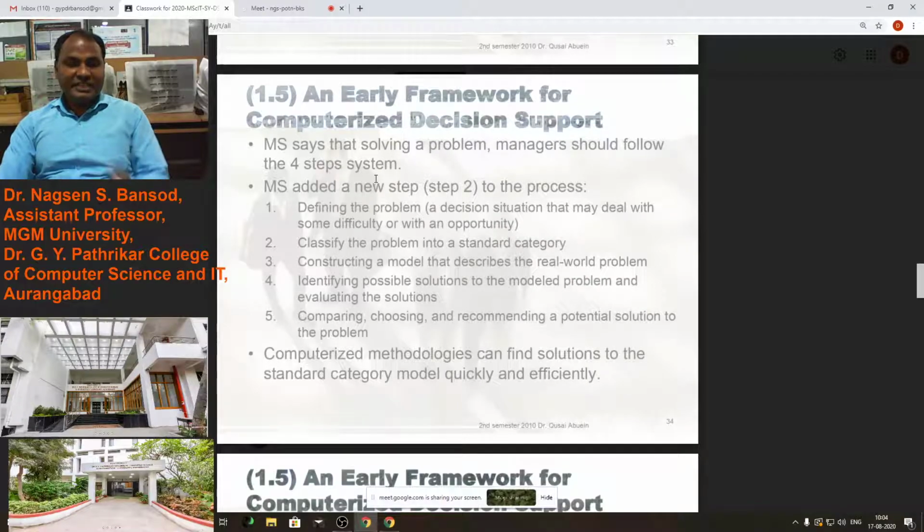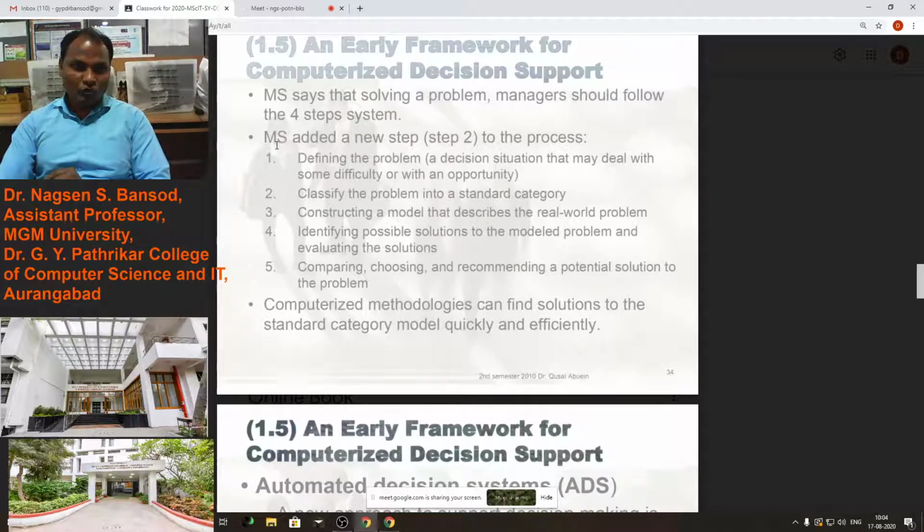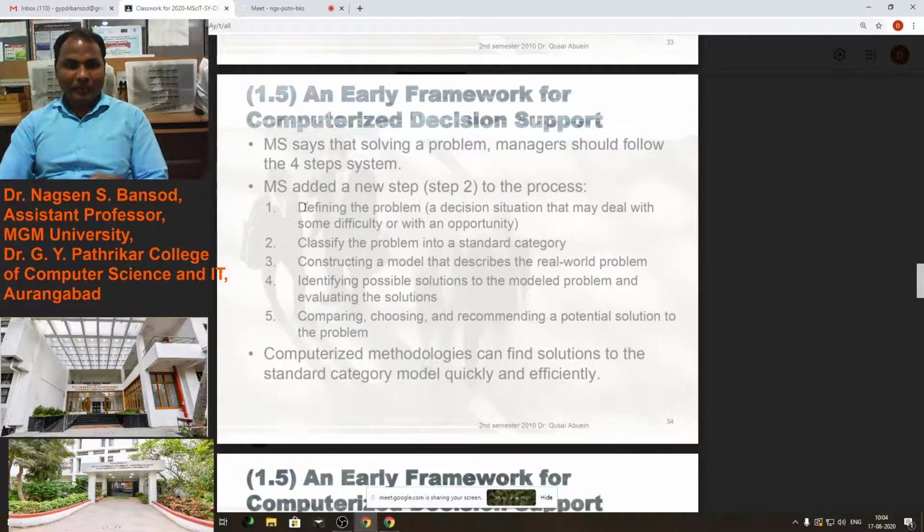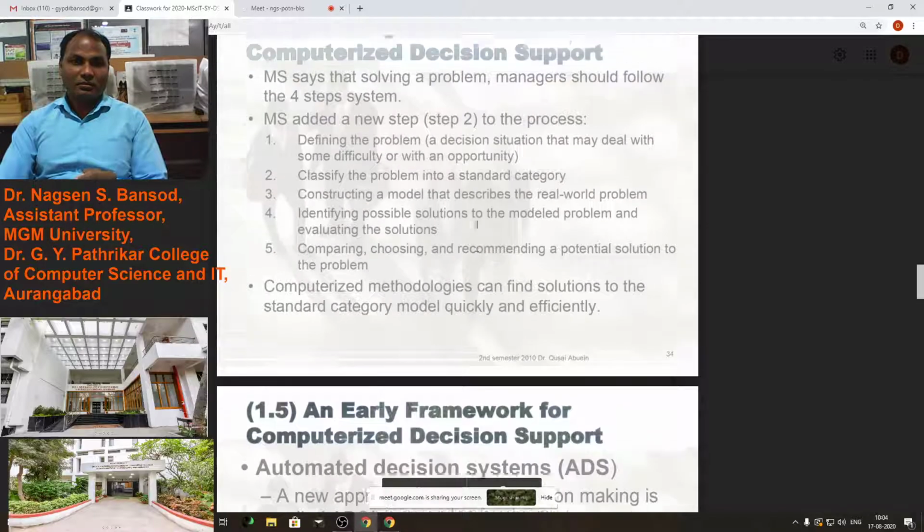Management science says that to solve a problem, a manager should follow the four steps of the system. These four steps we have to follow. Management science added a new step to the process.